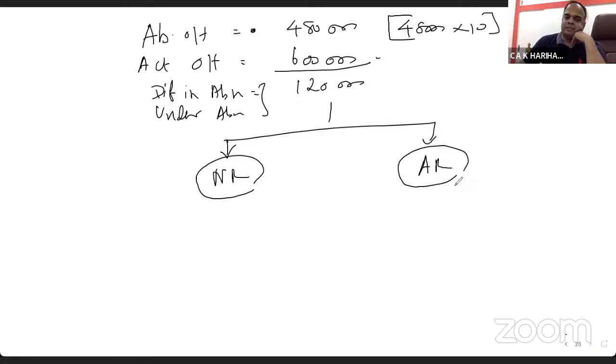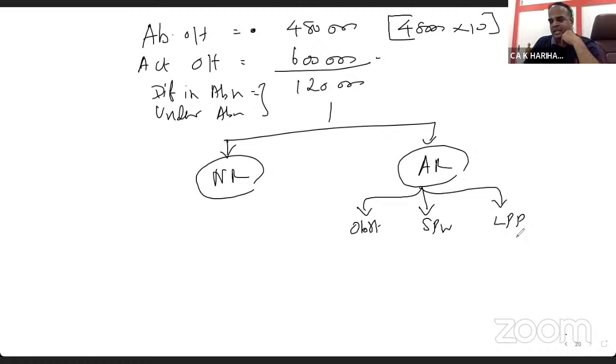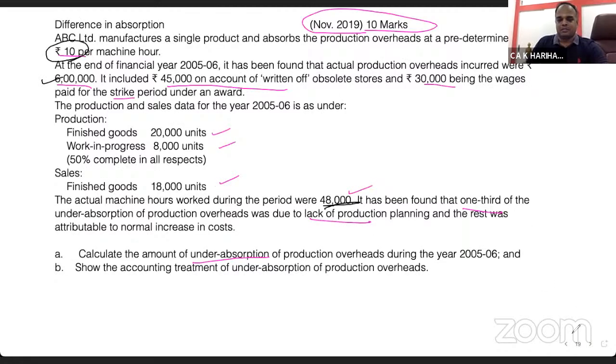Now, with respect to abnormal reasons, the specific information given in this question is the write-off of obsolescence stock, strike period wages, and lack of production planning. These three elements are given in this question itself. All three things are called abnormal. They should not happen.